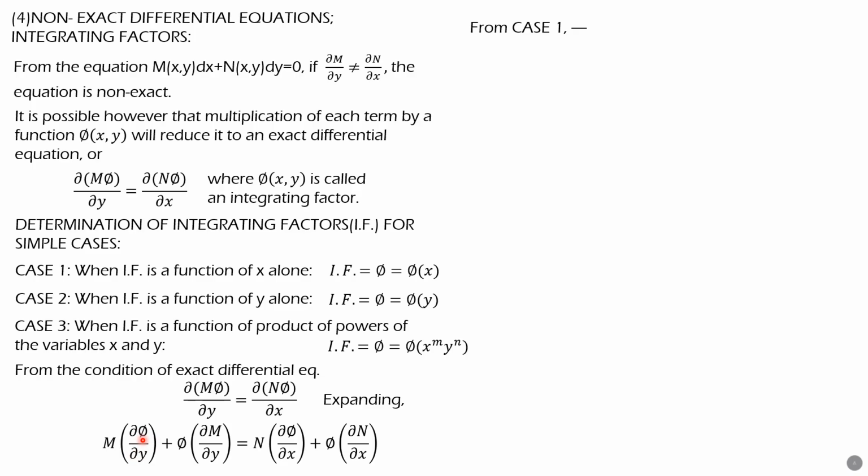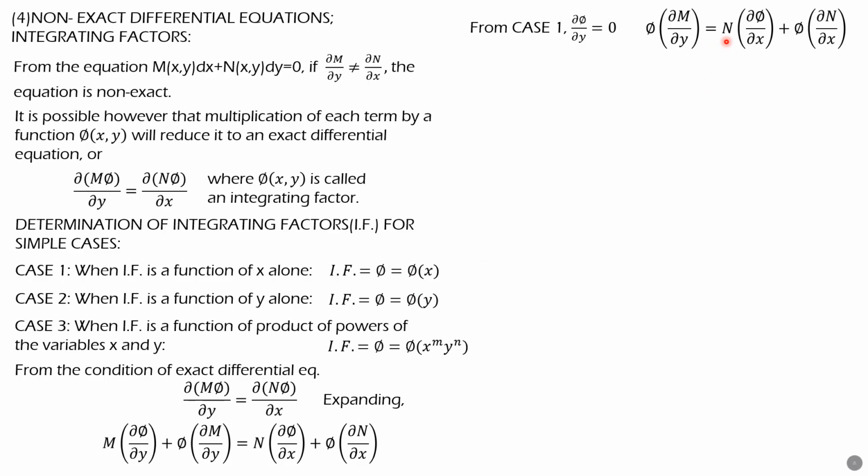So partial of P with respect to y equals 0. So we can simplify this into P partial derivative of M with respect to y. We just copy this part because the expression partial derivative of P with respect to y is 0 because of this condition that P is a function of x alone.